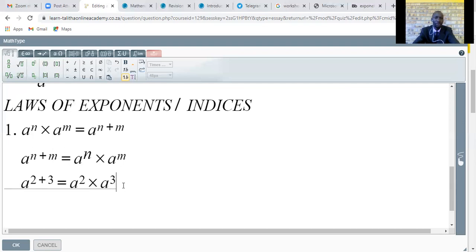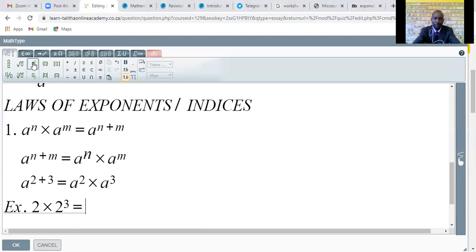For example, this is just an example. If we have been given that we multiply 2 times 2 with the power of, say, 3, what will this give us?